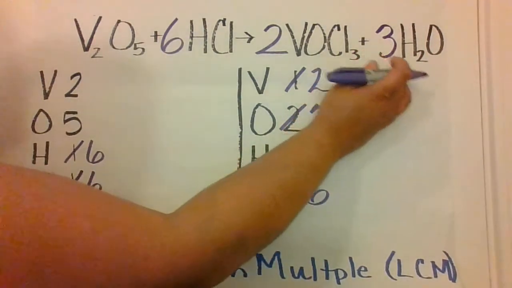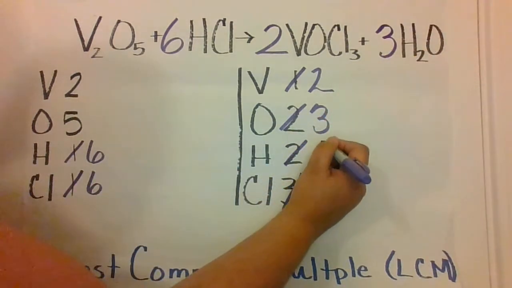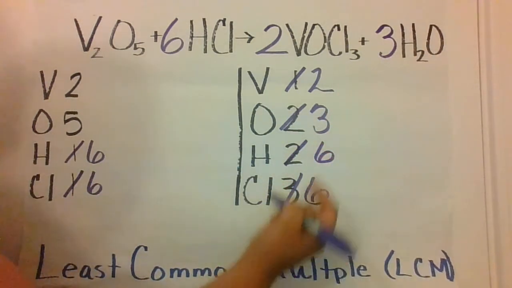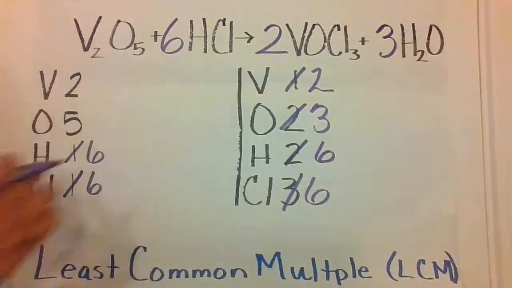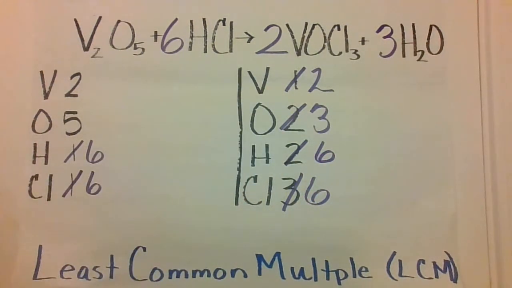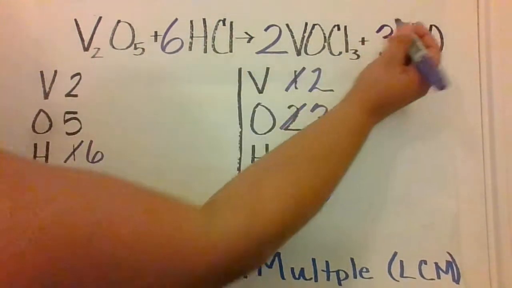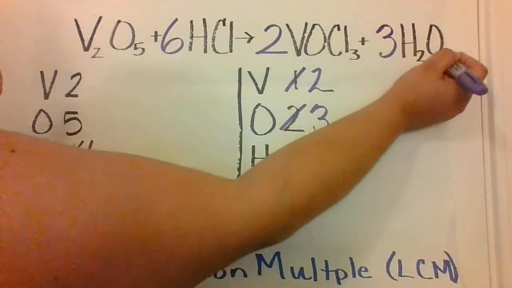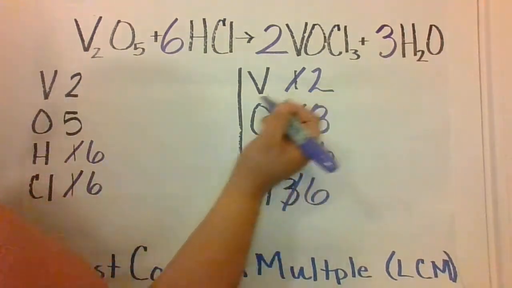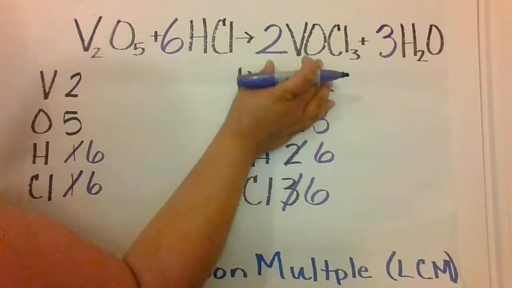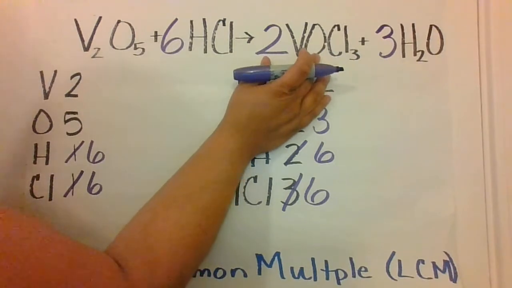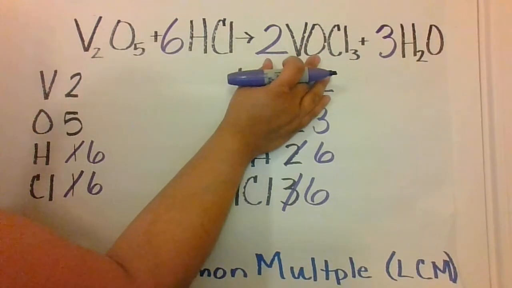So we have 3 times 2. That makes 6. But do not forget that oxygen. We need to adjust him. And this problem makes it very apparent why we leave oxygen last. Because adjusting our water molecule, we now have 3 oxygen in our first problem. And don't forget, there were 2 oxygen in our first portion of our product.